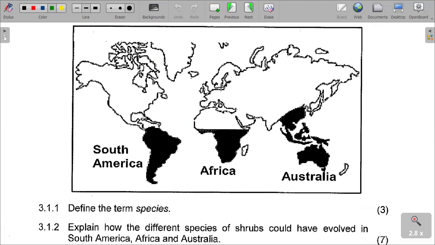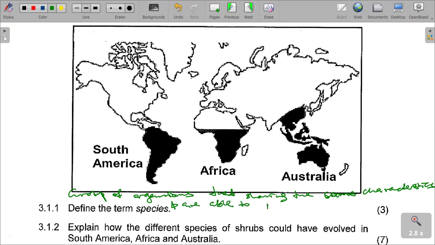A species is a group of organisms sharing the same characteristics that are able to interbreed to produce fertile offspring.